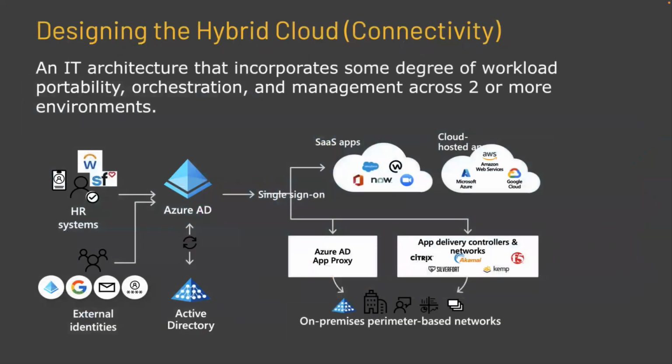So designing the hybrid cloud, on the right-hand side here, you might have Active Directory. You might still have Active Directory on premises. Again, this is connected to Azure Active Directory. And you can see the little circle in the middle represents Azure AD Connect.